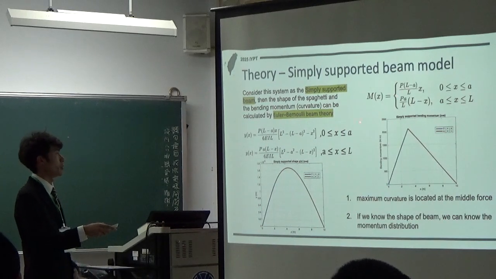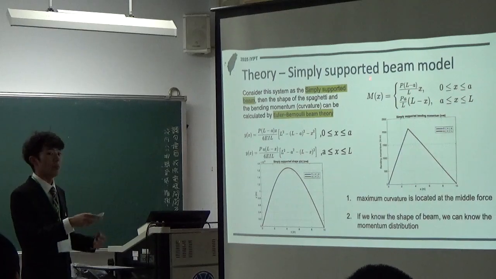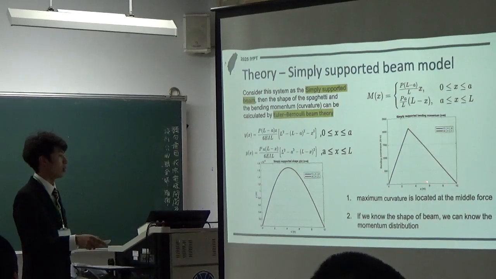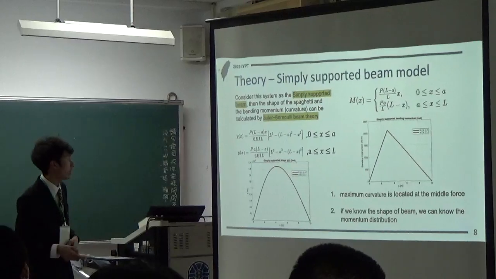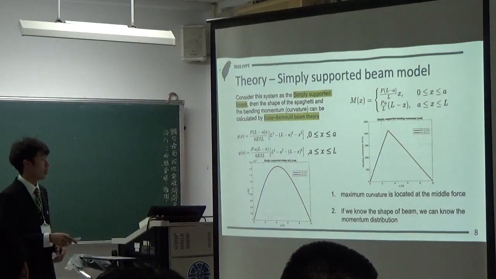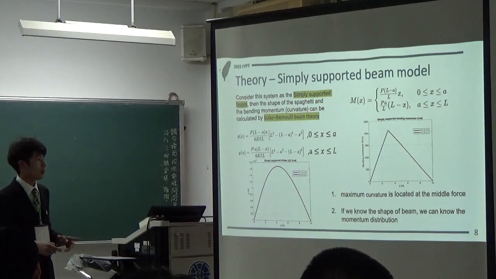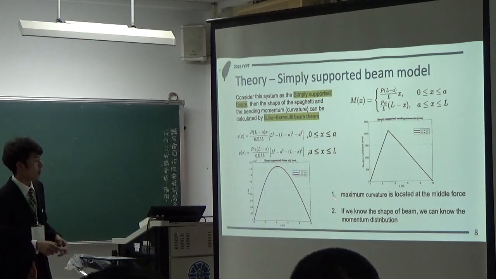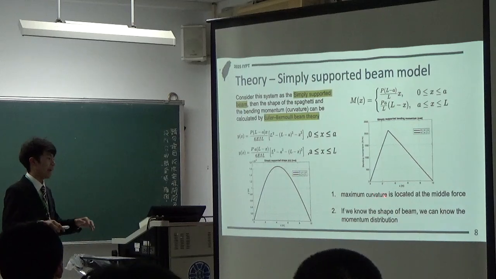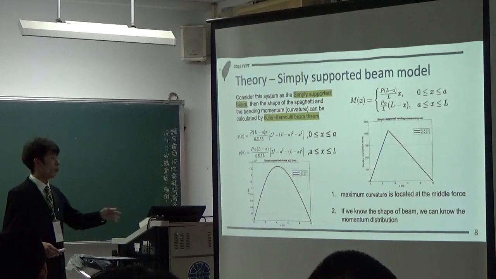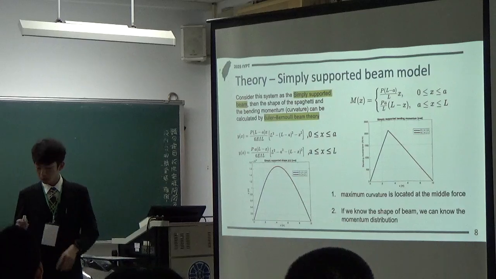You can also use that formula to calculate the bending moment, and that is the shape of the bending moment. It should be noticed that the middle point between the blue part and the red part is where the force is applied. As you can see, the maximum curvature is located at the middle, and if we know the shape of the spaghetti, we can know the moment distribution.